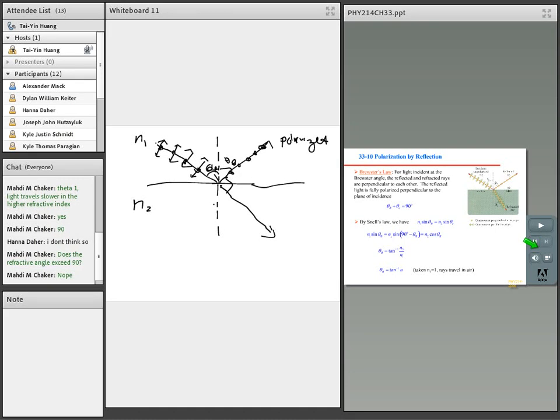So this is our angle of refraction, we call it theta 2. If this angle and that angle add up to 90 degrees, what will be the relationship between the angle of reflection and the angle of refraction?